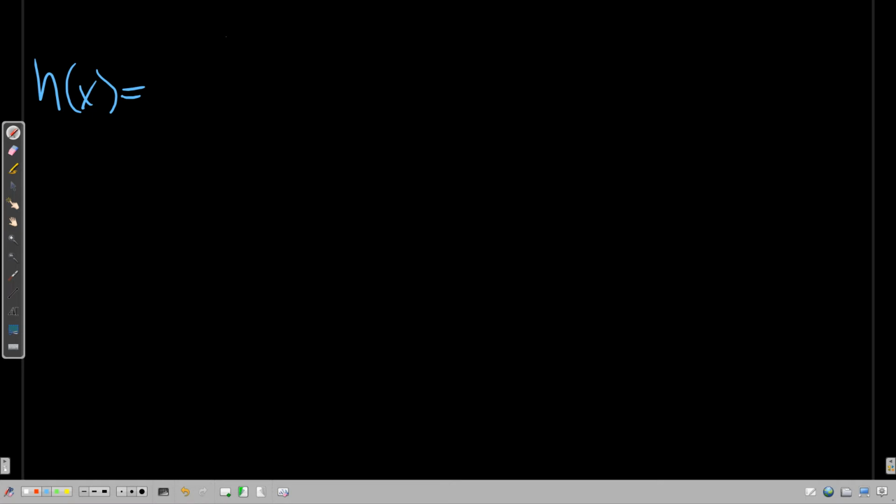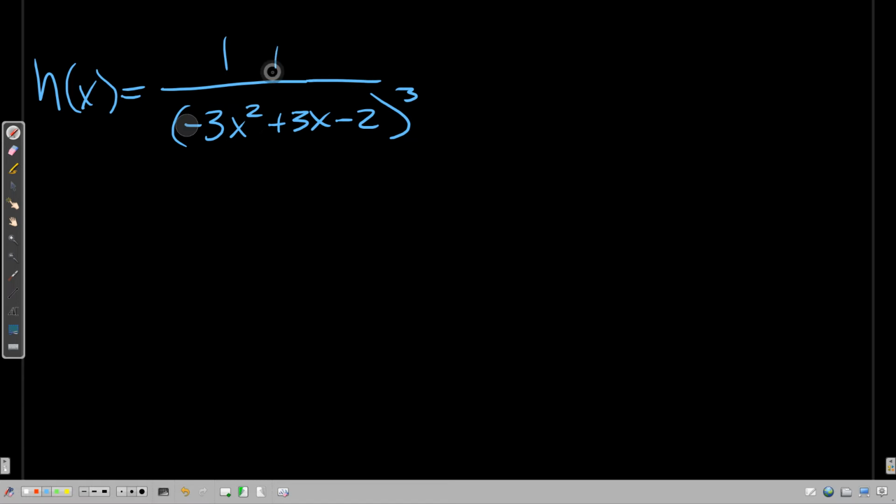They've given us h of x as 1 over this thing. It's this thing cubed. You make more space for that thing. It's a minus 3x squared plus 3x minus 2, and then you cube it. There's h of x. This is identical to minus 3x squared plus 3x minus 2 to the power of minus 3.